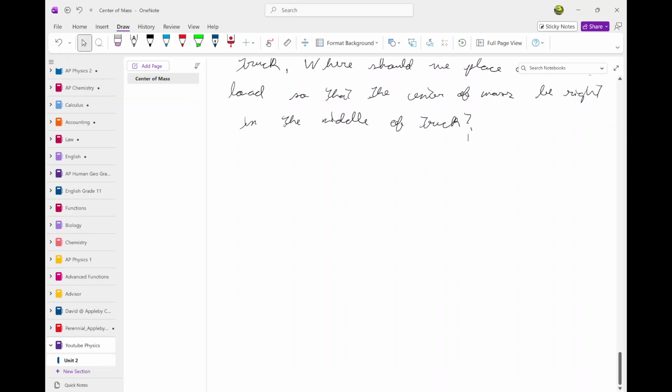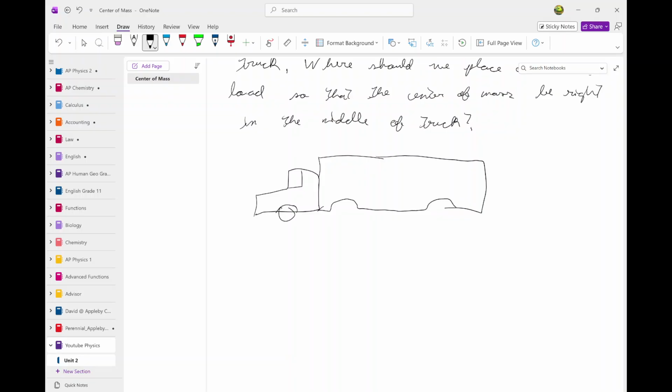It would be easier to actually just draw a diagram out. So here we go, boom. These things have wheels actually. So one there, and then you have the truck compartment, something like that. That's good enough.